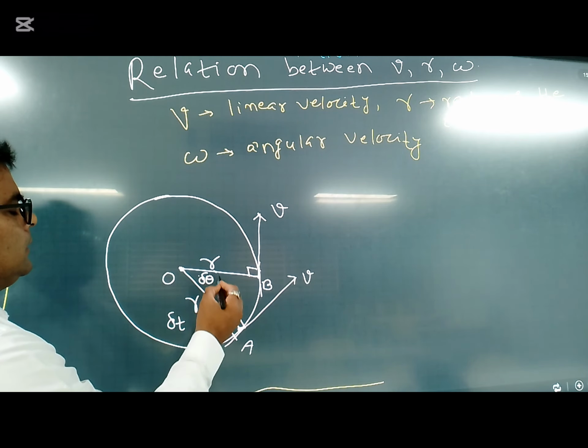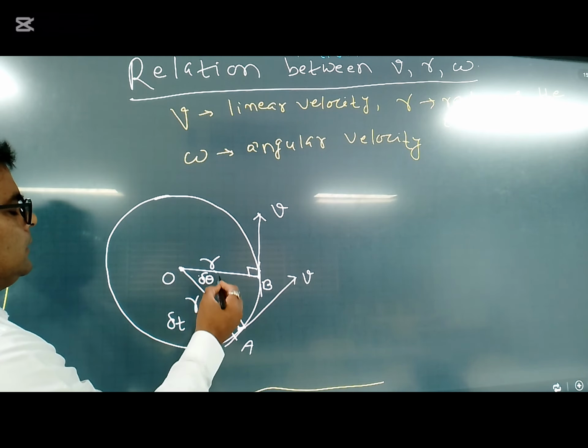With angular velocity, angular refers to some angle. It refers to this angle, because while moving from position A to B it has described the angle delta theta. Between A and B there may be a lot of points, so from one point to another, what is the change in the angle?